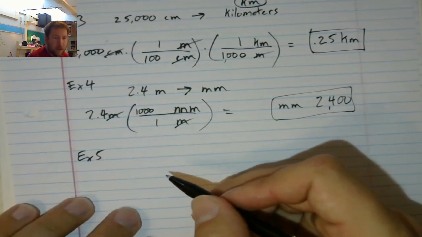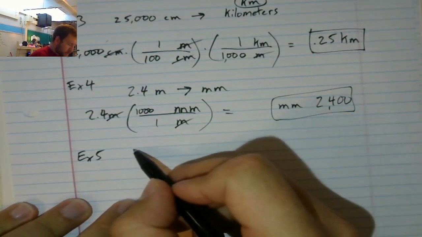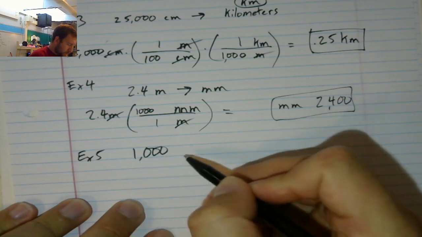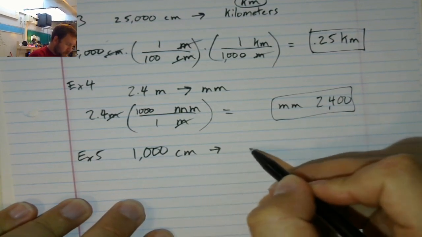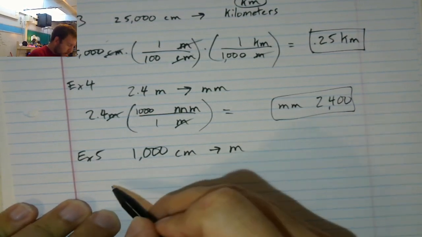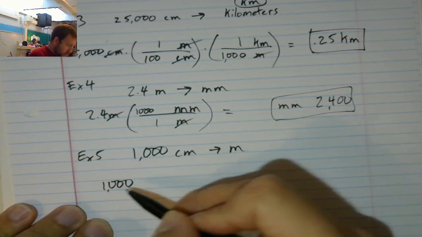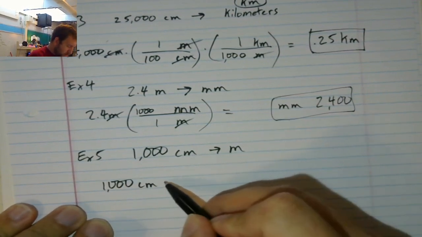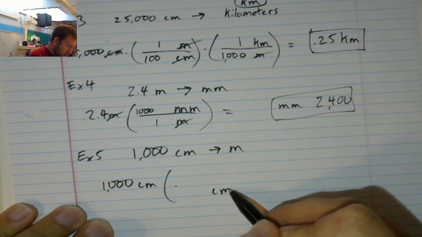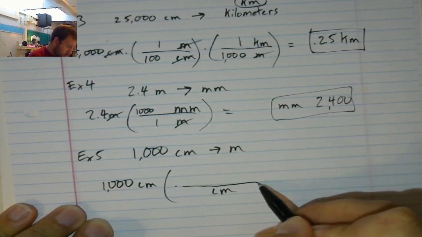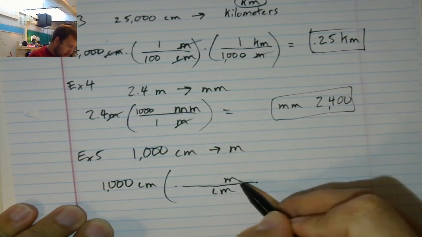And then let's look at example 5, which is going to be number 1 from our homework. 1,000 centimeters to meters. All right, I'm going to write my 1,000 centimeters, and I'm going to put my meters on the top.